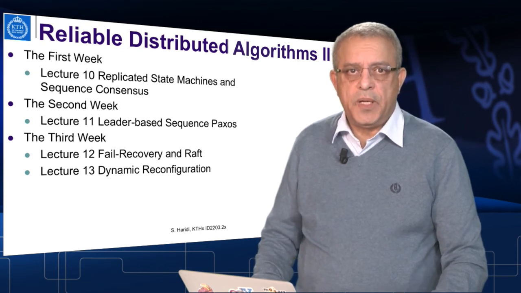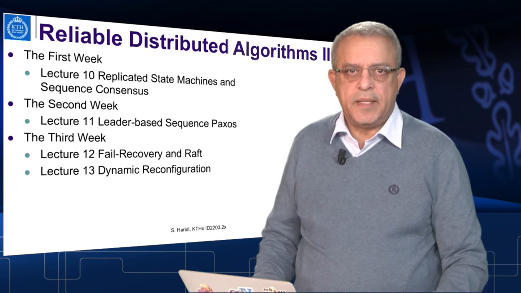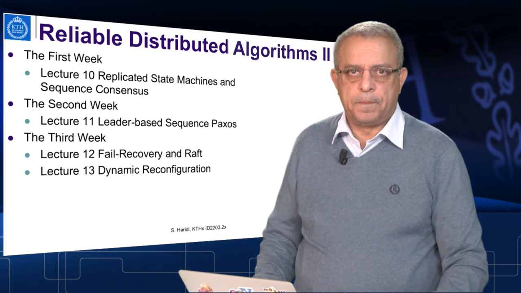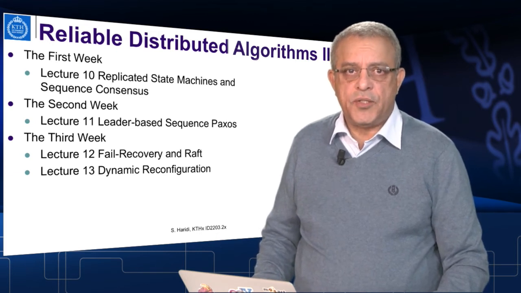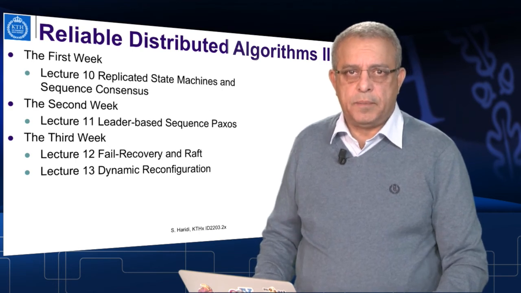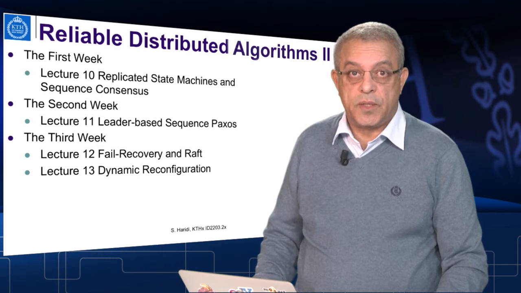As you will see, we only need minor extensions to make the leader-based sequence Paxos work in this model. Equipped with the knowledge that we have gained so far, we end this lecture by describing the popular Raft algorithm for sequence or log consensus.